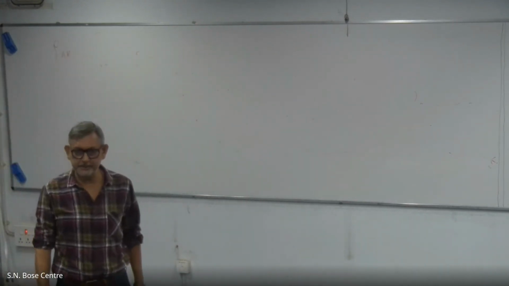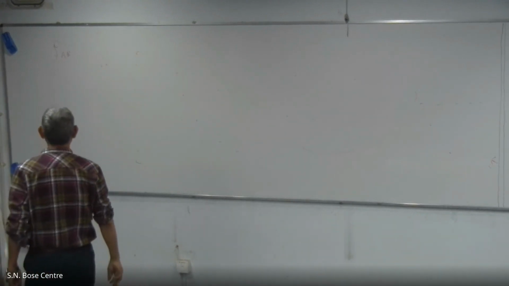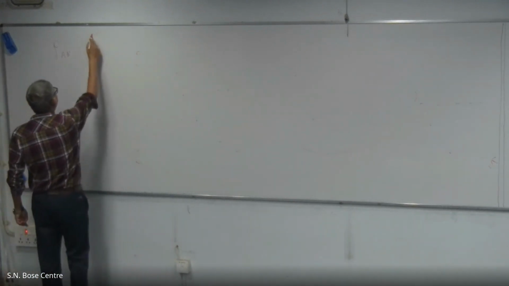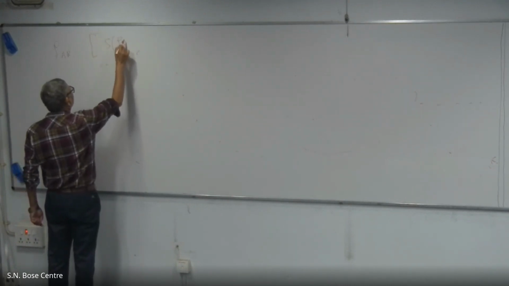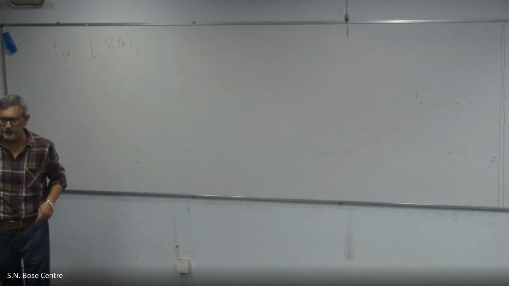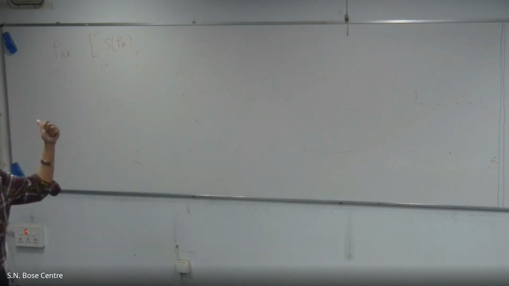Now I consider a state rho AB with this property that S of B, rho B, is the marginal of B with respect to rho AB.